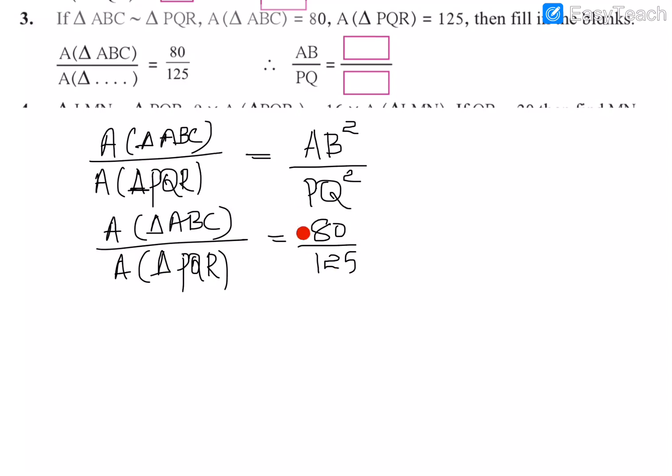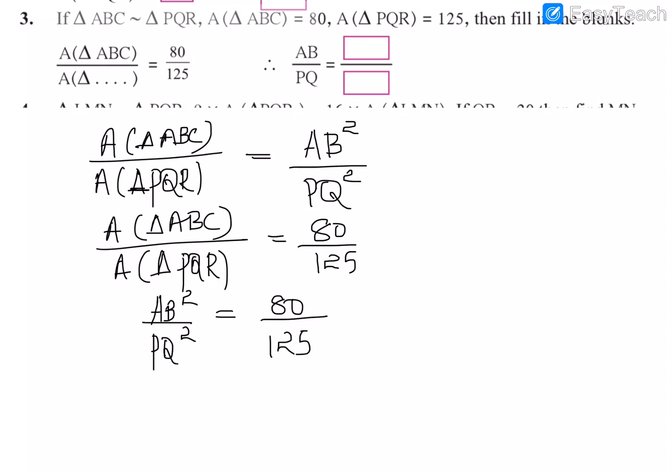We equate this side of the second equation to this side. Since the LHS is the same, we can compare the RHS. That is, the right sides we can compare since the left sides are equal. So AB square by PQ square is equal to 80 by 125.